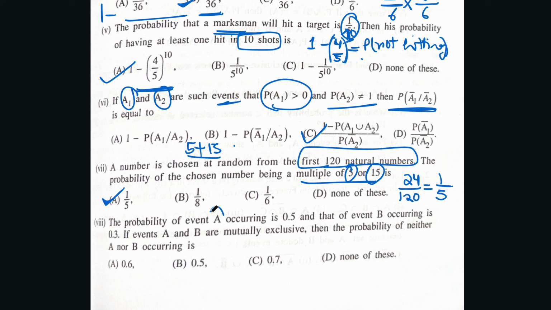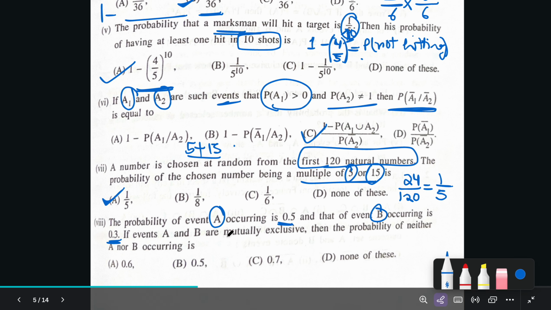Yes. The probability of event A occurring is 0.5. The probability of event B occurring is 0.3.